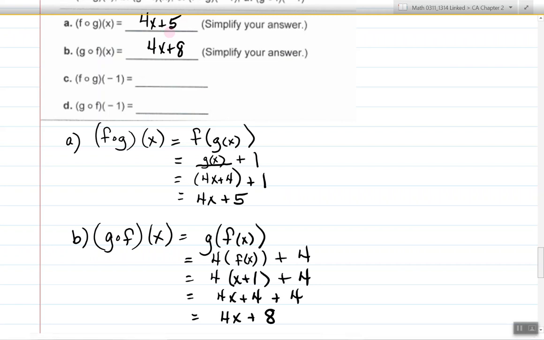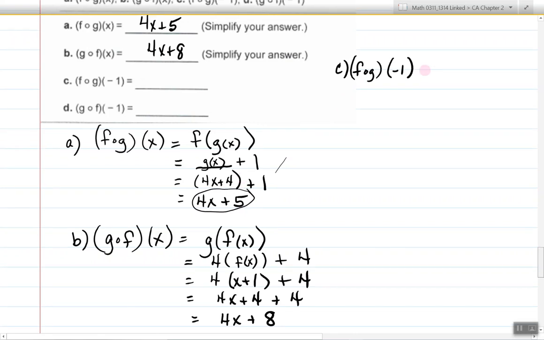Let's look at part C. Part C says to find f composed with g evaluated at -1. So I'll come down here and say, oh, so that's 4x plus 5 evaluated at -1.